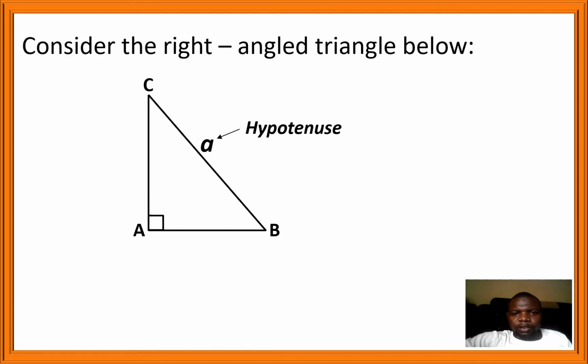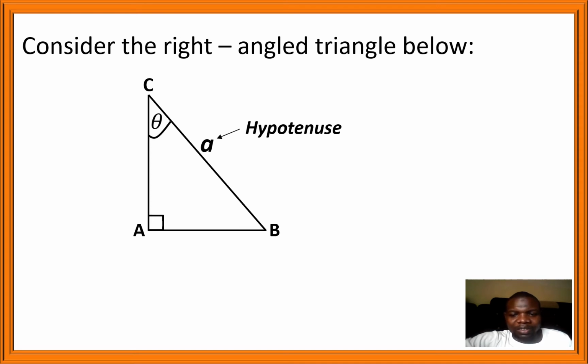Now let's also consider the triangle here, where we already said that BC becomes our hypotenuse. The slanted edge is always known as the hypotenuse. If the angle is now located at C, AB here is no more the adjacent, but the what?